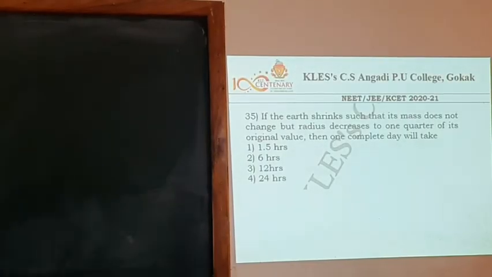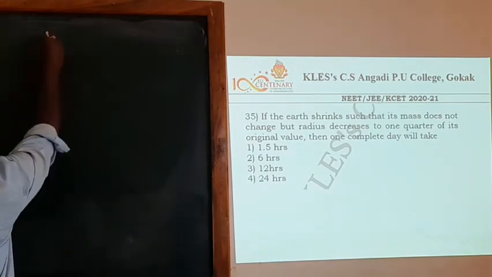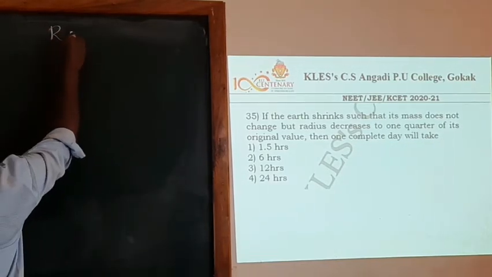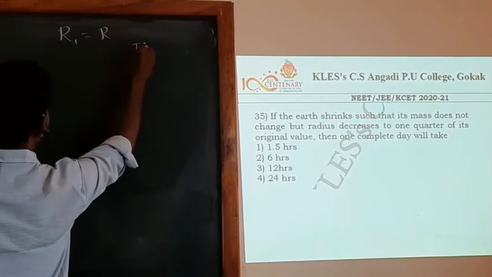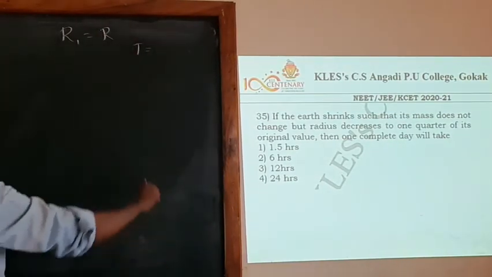Next question. If the Earth shrinks such that its mass doesn't change but radius decreases to 1/4 of its original value, then one complete day will be. Okay, so when the radius of Earth is r, I take this as r1 is r, then the time for one day, it is in terms of hours.